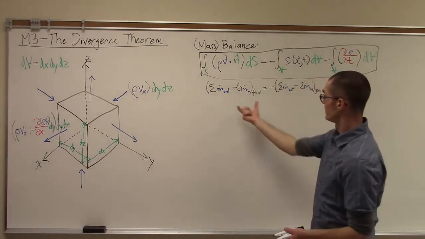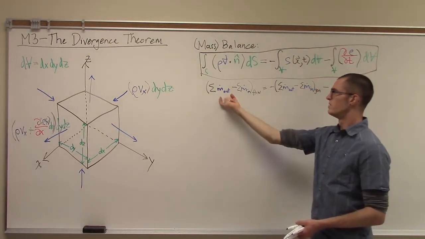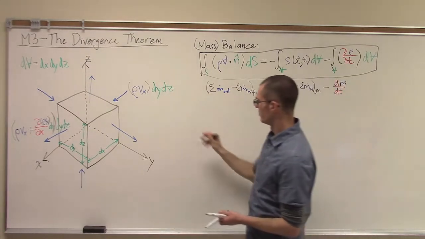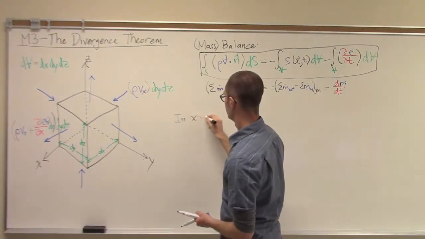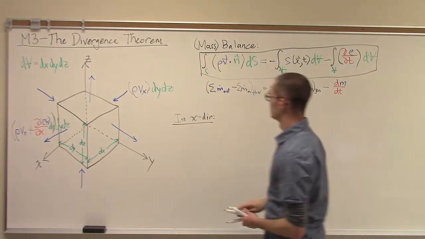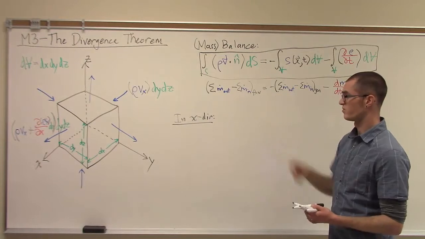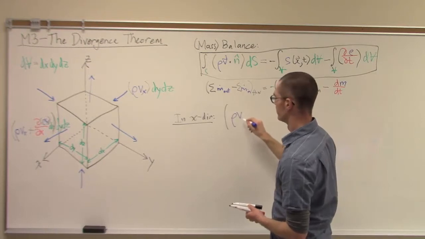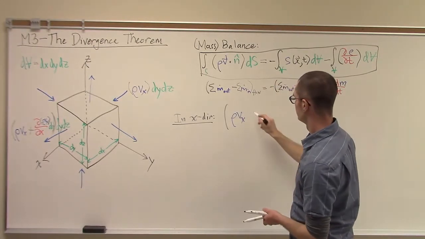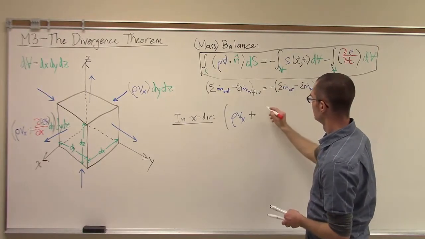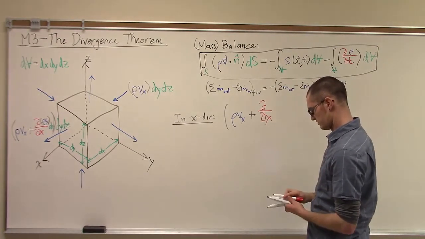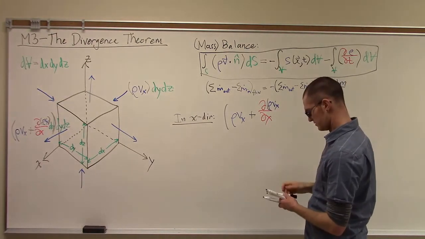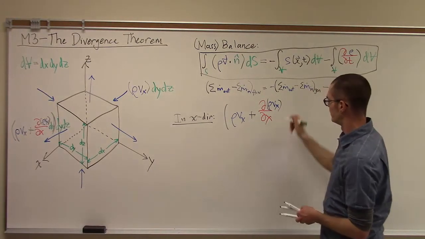Okay, so now looking at this expression here, we can directly sum mass rates flowing out minus mass rates flowing in in the x direction. So in the x direction, sum of mass flow out minus sum of mass flow in. So we have rho vx plus d by dx of this quantity, rho vx, multiplied by the distance that we moved.